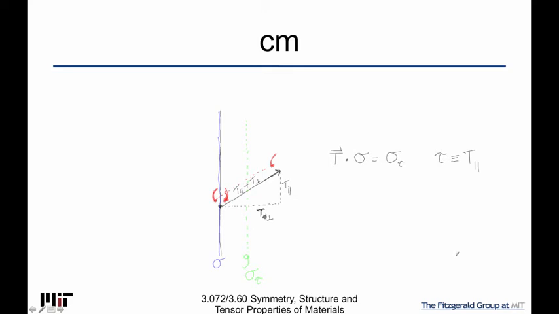So that's the generic expression relating these things. And so that is Cm, which has, because of this, mirror planes and glide planes, as we showed in the last view graph, so the last slide.